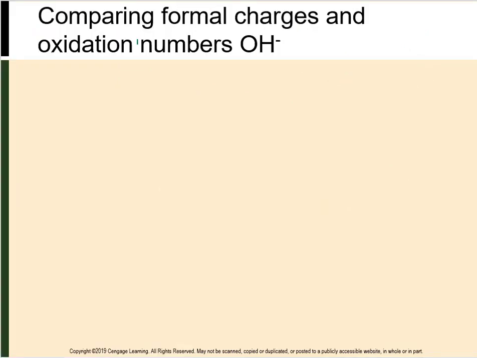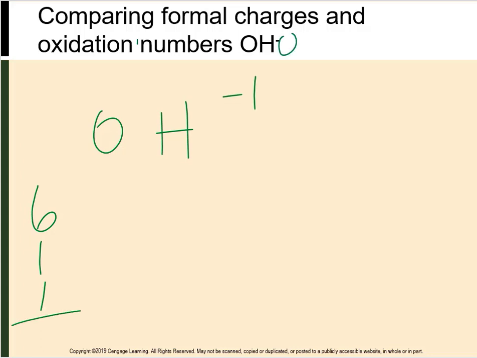Let's look and compare formal charges and oxidation numbers for hydroxide, OH-. Again, to draw this Lewis structure, oxygen has 6 valence electrons, hydrogen has 1, and we know that it's a -1 charge, so it's got to add an extra electron, so we account for 8. Again, we know oxygen has 1, 2, 3, 4, 5, 6.